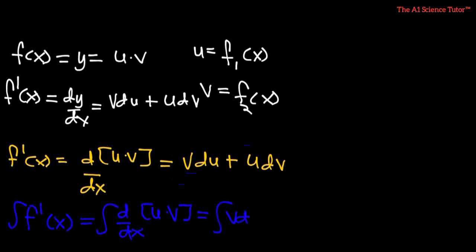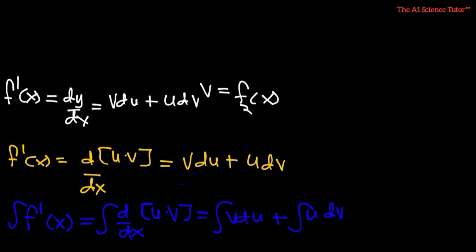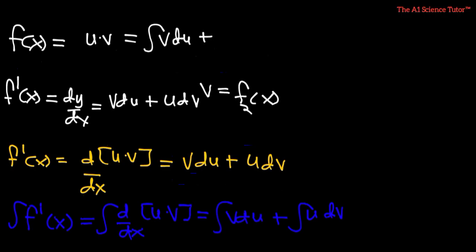That is going to be integral v du plus integral u dv. We know this is going to take that function to the original form it had in the beginning. So this is what you're going to have: f of x is uv, or u multiplied by v, and this is going to be integral v du plus integral u dv.